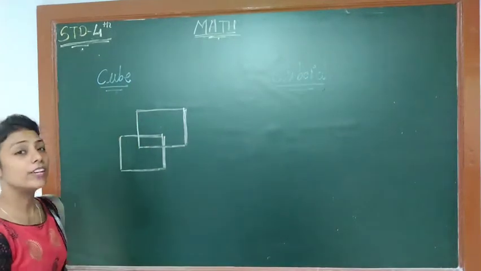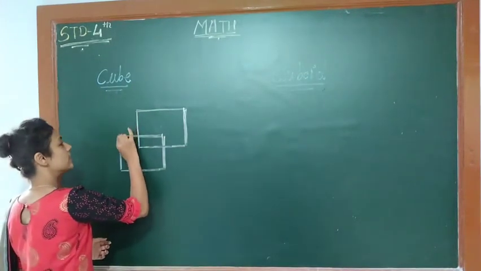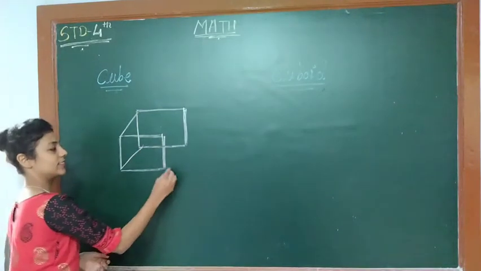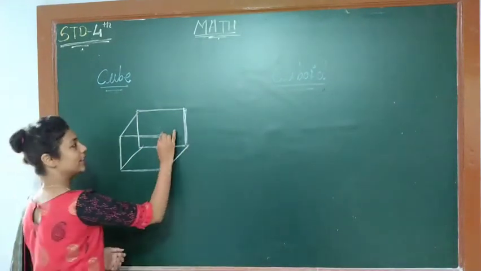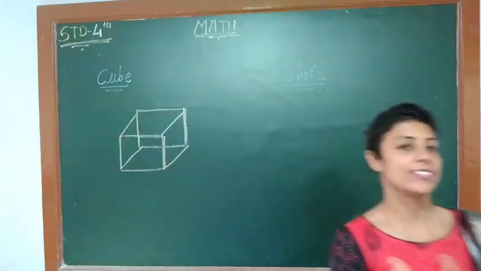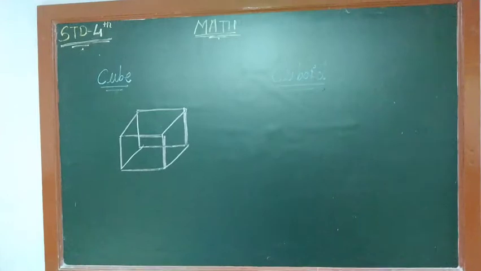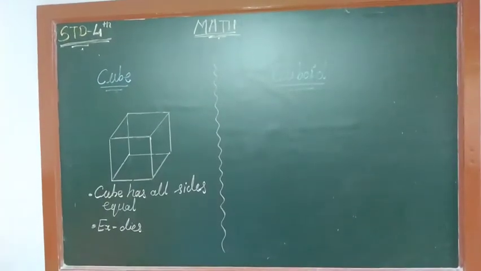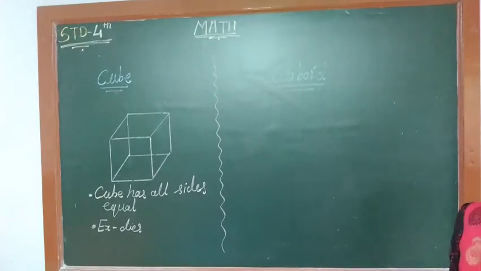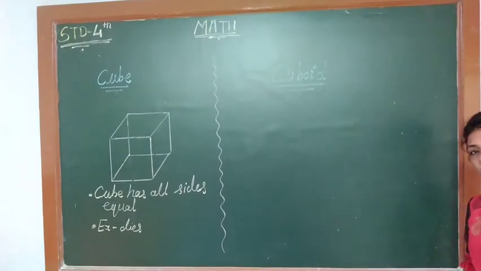Then we will join all the corners. Okay. Now this is the example of cube. So cube has all sides equal, and examples of cube are dice and Rubik's cube.